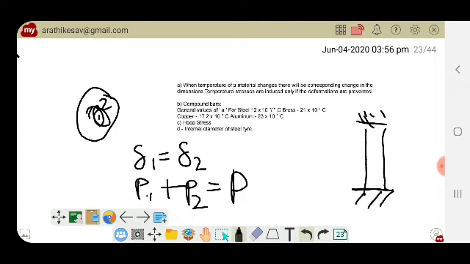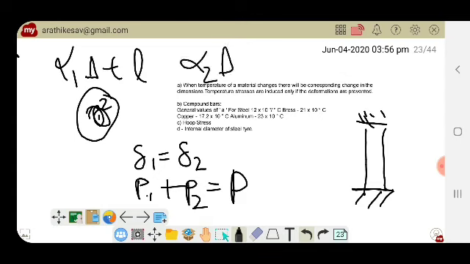We may come across problems with the temperature stresses induced in compound bars. Therein we have alpha 1 delta T L as the elongation of the first bar that may occur due to temperature, and alpha 2 delta T L for the second bar.